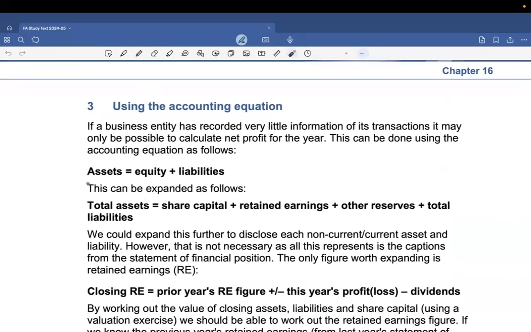The accounting equation is something that you studied in your third chapter, right? Asset is equal to equity plus liability. But the assets, I'm going to say total assets.